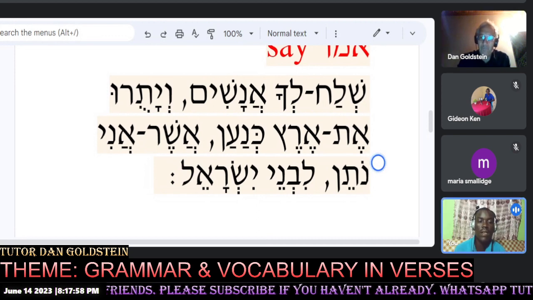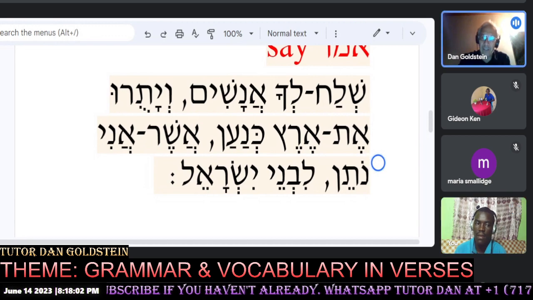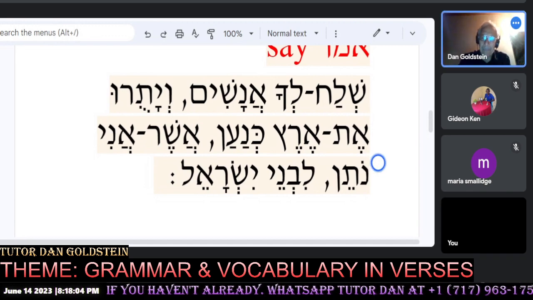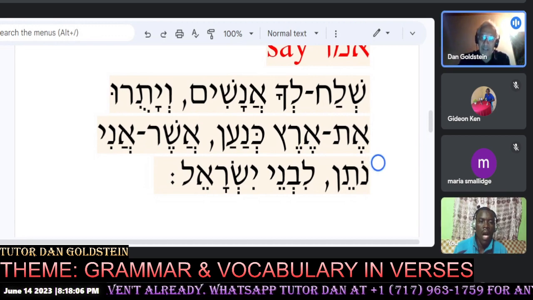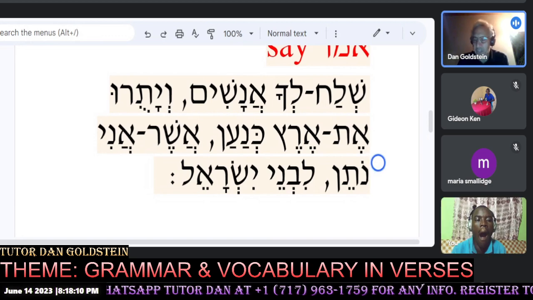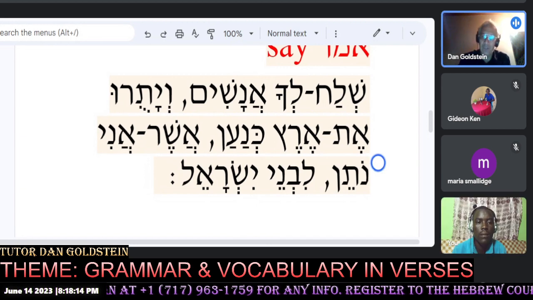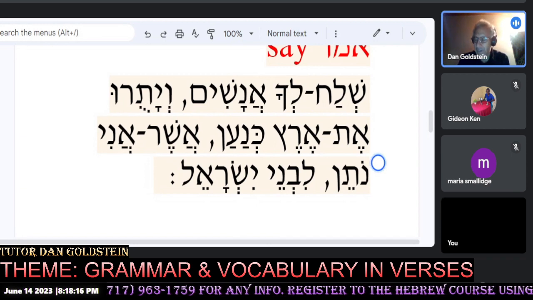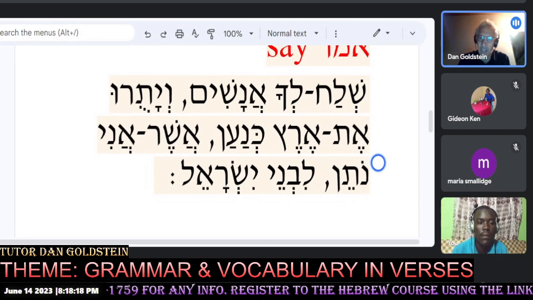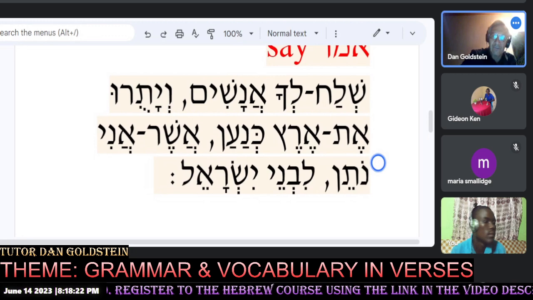It has the shoresh shalach. And shlach lecha means send on your behalf, send for you. So he's telling Moses, send for you spies, basically, is what this passage is going to be talking about. Shlach lecha, send on your behalf. Well done.